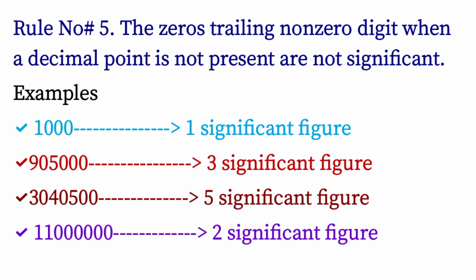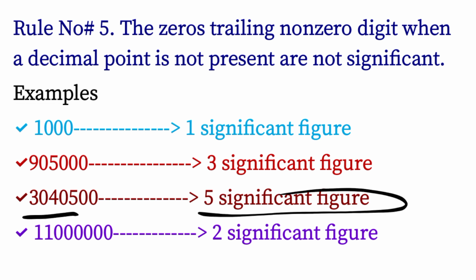The third question says the number that we are having, when we are asked how many significant figures do we have, so we just have to count 3, 0, 4, 0, 5. So starting from here, reaching up to 5, we have got 5 significant figures.